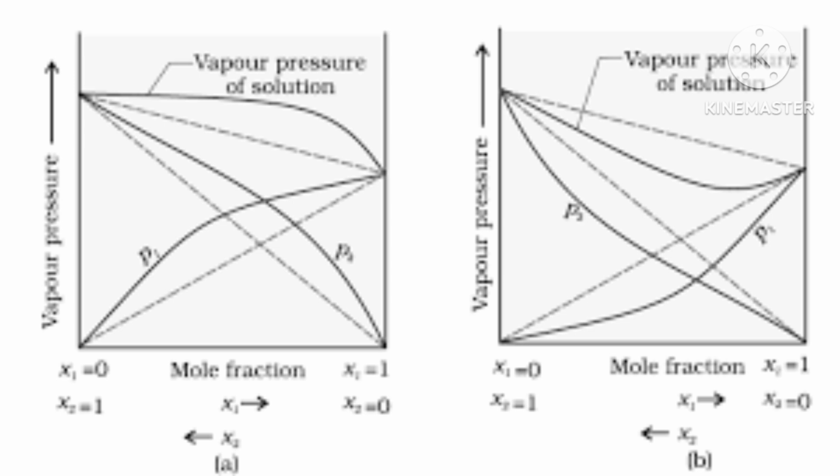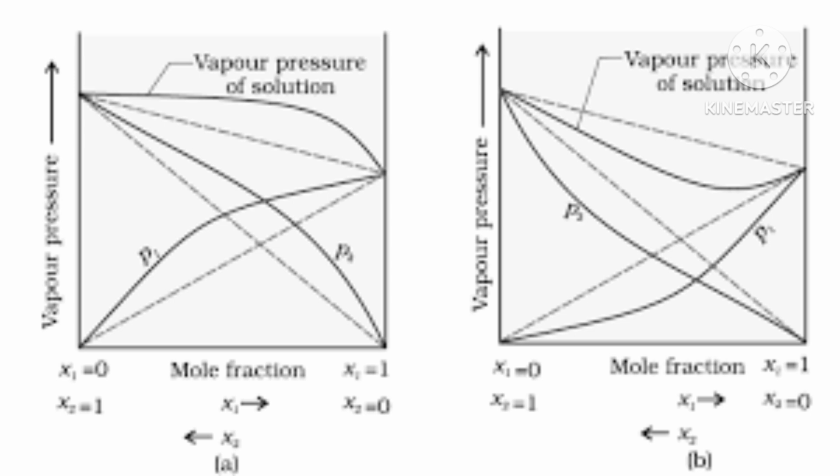This happens due to weakening of interaction. The solution shows positive deviation, because the bond has broken.